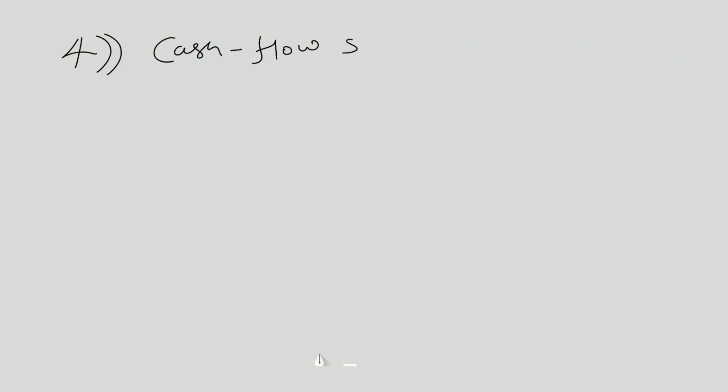And the last chapter, which is part of this unit, is the cash flow statement. This is one of the elements of financial statements. Under this chapter, we have to learn how companies prepare the cash flow statement, how companies categorize their entire operations into different activities, and what activities are part of the cash flow statement.